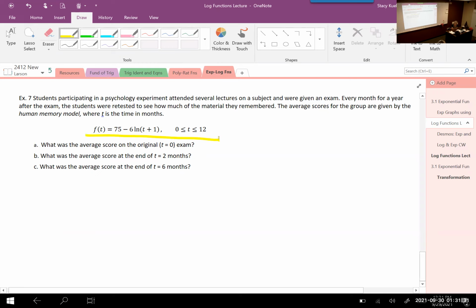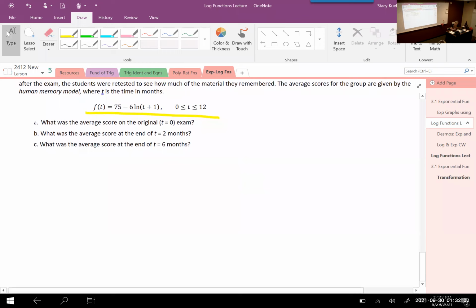In other words, how will I know what the score was after 0 months, 2 months, and 6 months? Am I not just evaluating the function at those 3 values? Easy money. We got 75. 2 months, 68.4. 6 months, 63.2.